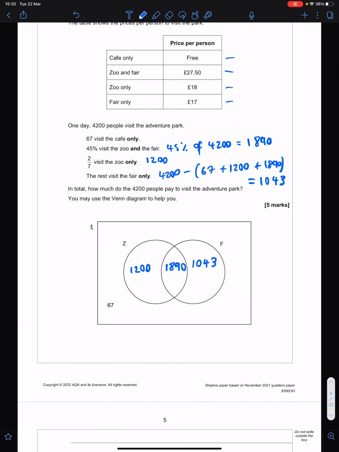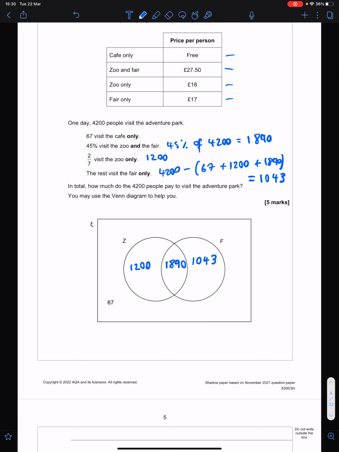Now we've actually got to use the information and work out how much money was made from each section. We know 67 people visited the cafe. They pay 0, so that's 67 times 0. So that's nothing there. We know 1,200 people visited the zoo only, and each of those people paid £18.